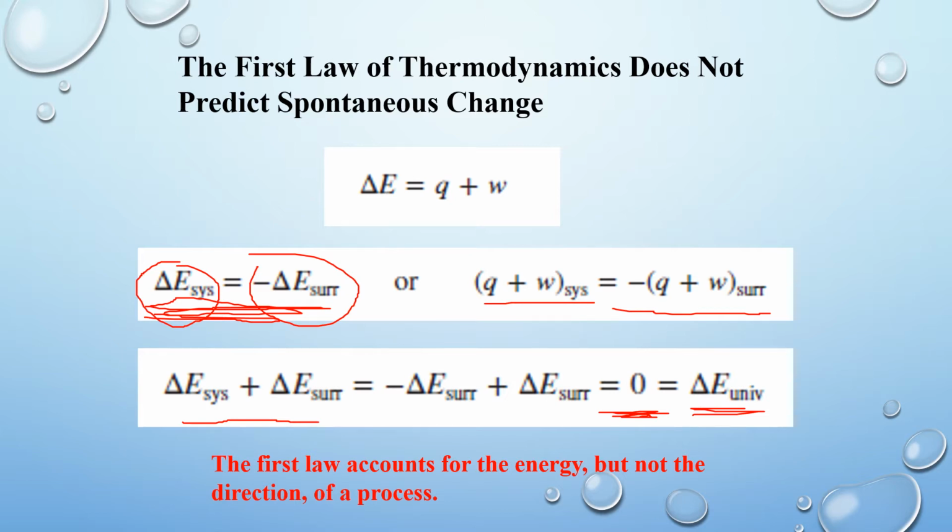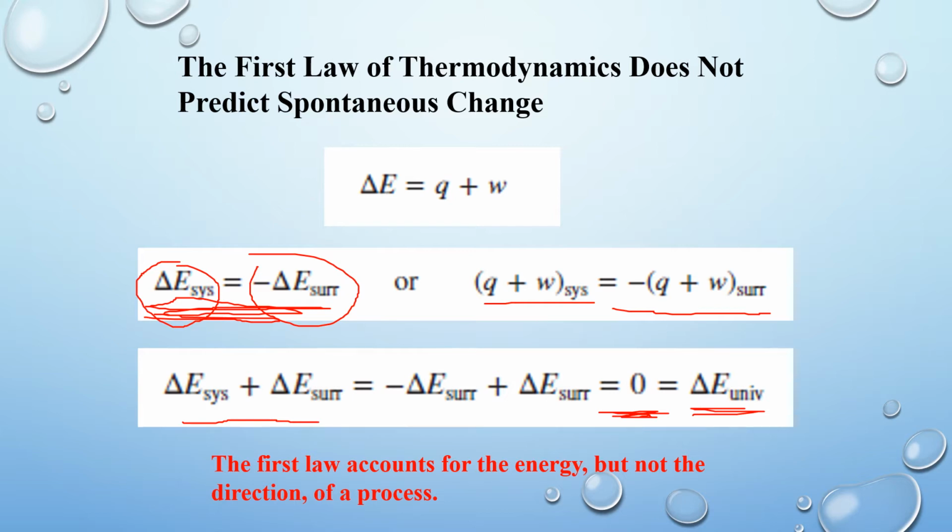But this doesn't help us determine the direction of a spontaneous process. A lot of spontaneous reactions obey the first law of thermodynamics. For example, when ice melts in your hand, the thermal energy of your hand is converted to the kinetic energy of the water molecules, because when ice becomes water, the kinetic energy of the water molecules increases.